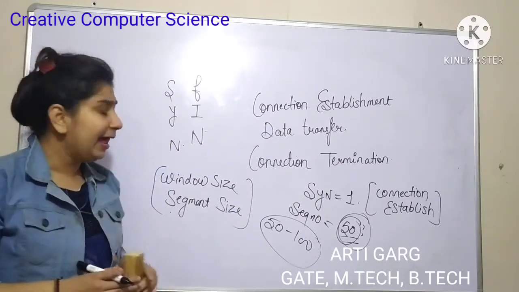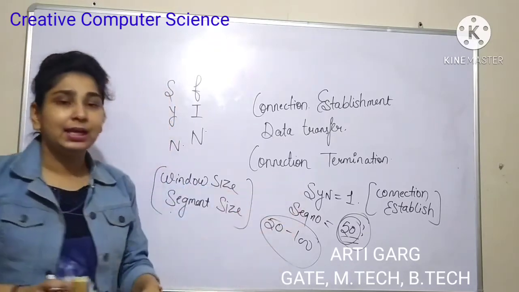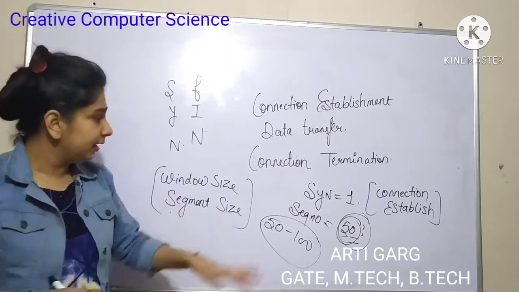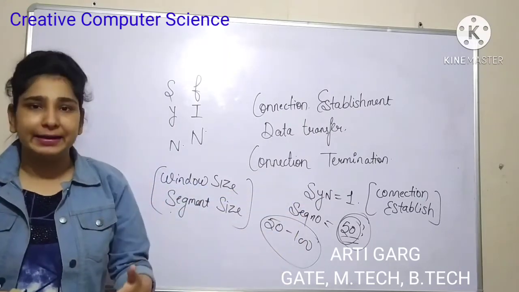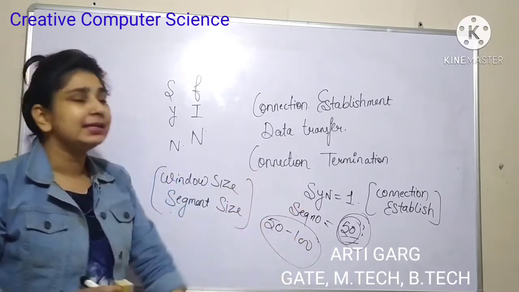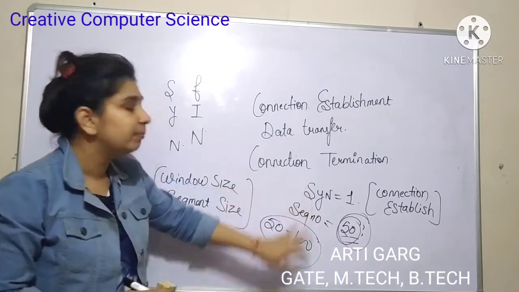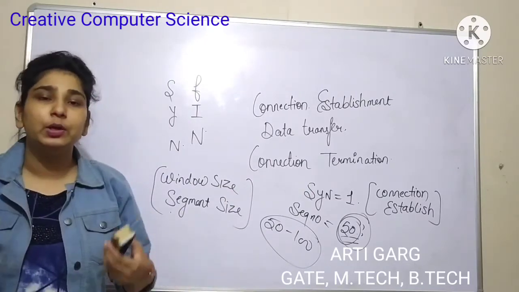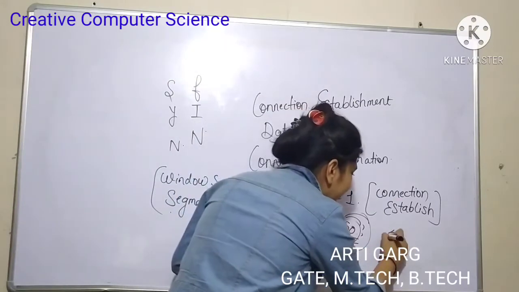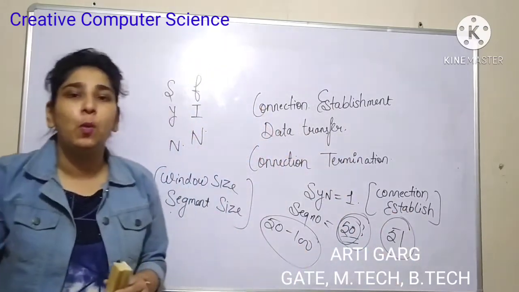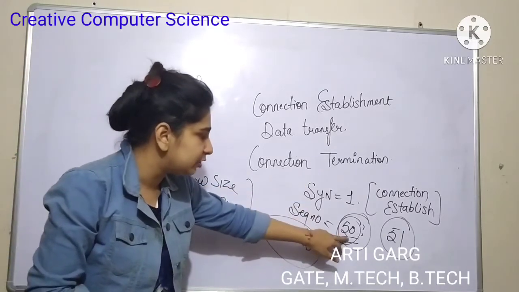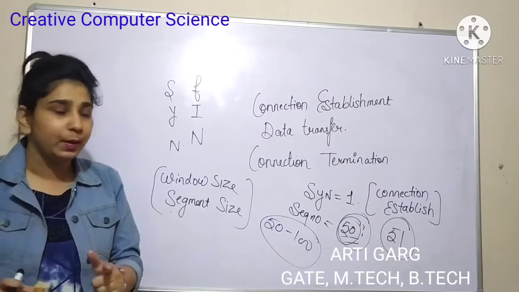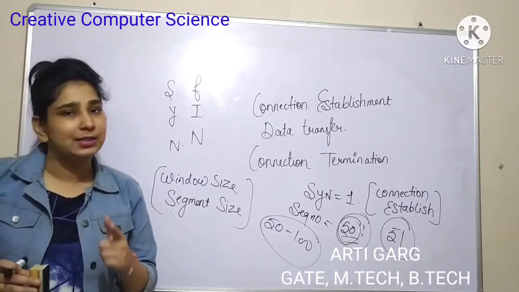Next, let me tell you one more thing: this SYN field is going to consume 1 byte. What does it mean? Next time when you are sending your original data, the sequence number would start from 51, because the SYN field has consumed 1 byte, or you can call it 1 sequence number, because each byte is given 1 sequence number.